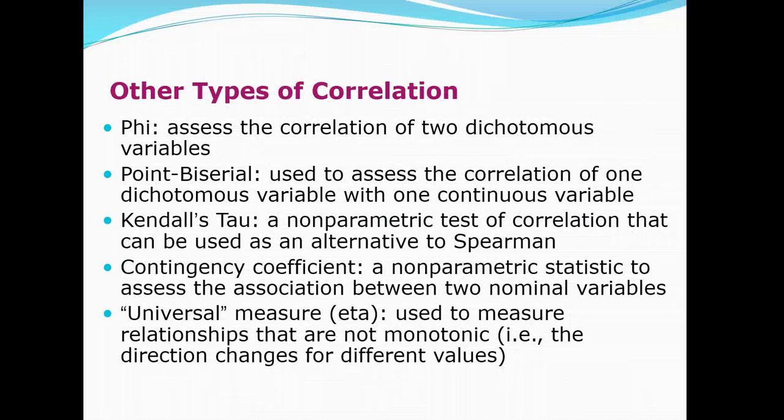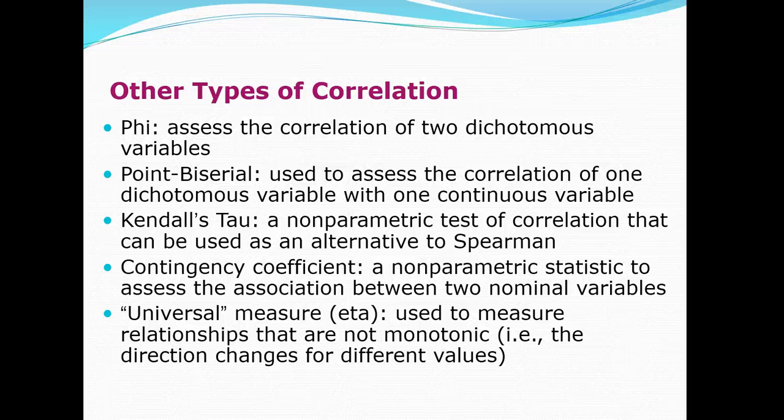There are other types of correlation. The first one is called the phi, and you will see this on SPSS. The phi is a correlation statistic that assesses the correlation of two dichotomous variables. So what are your dichotomous variables? Typically, male, female, or when it comes to income, high income, low income. So just two dichotomous variables, you will use the phi correlation statistic.